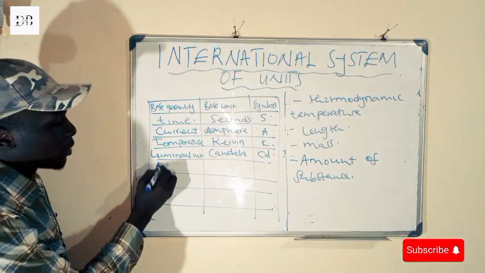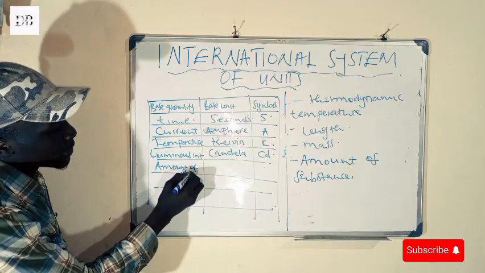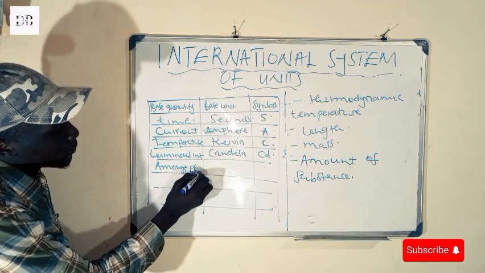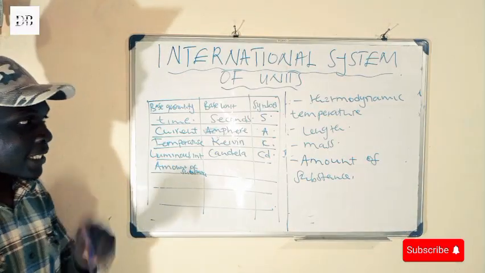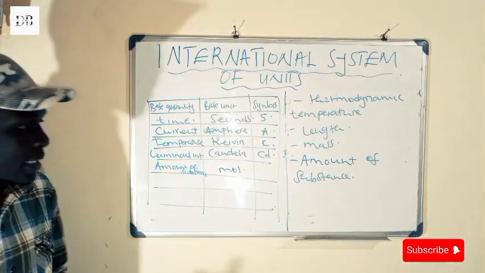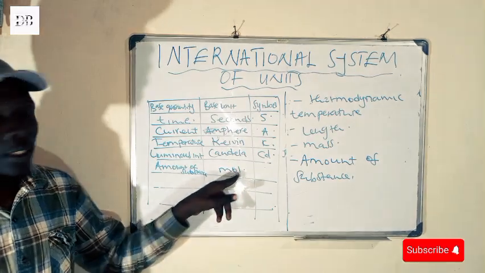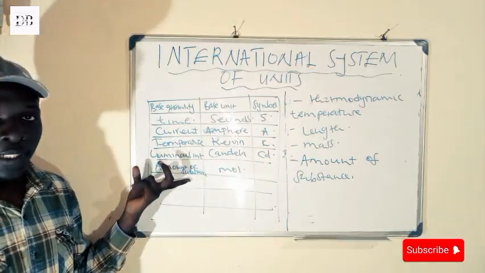And then we have an amount of a substance. Amount of a substance is a definition of a mole. So amount of a substance is measured in SI units called moles. And in chemistry, when you are looking at the mole concept, you understand that a mole by definition is simply an amount of a substance.